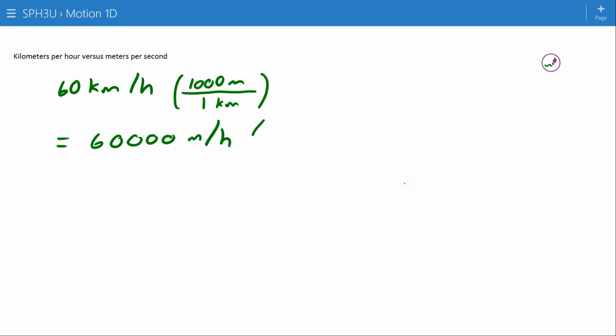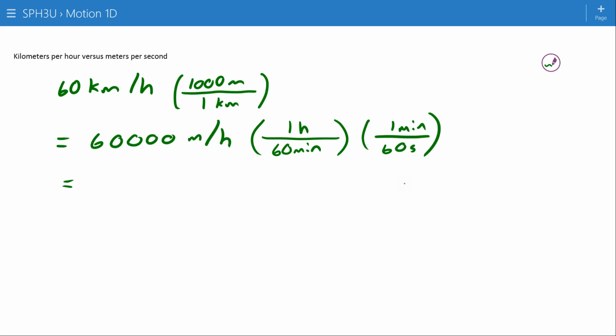Now, as a second step here, I can recognize that in 1 hour there are 60 minutes, and in 1 minute there are 60 seconds. So if I divide that number by 60 twice, I can see that that means that I'm traveling at 16.7 meters per second.